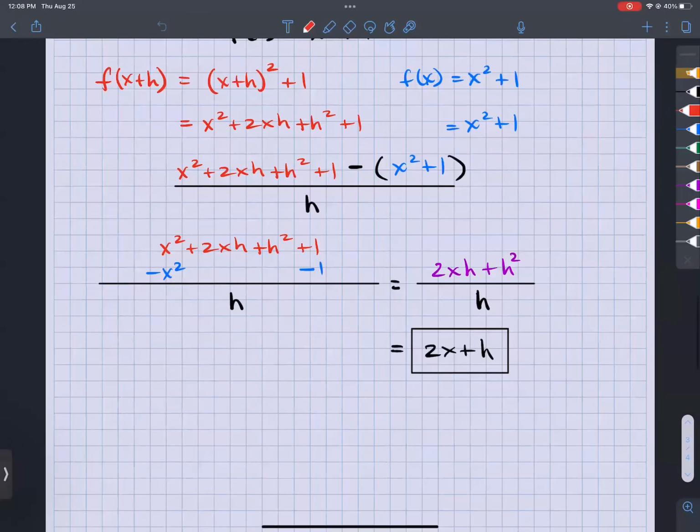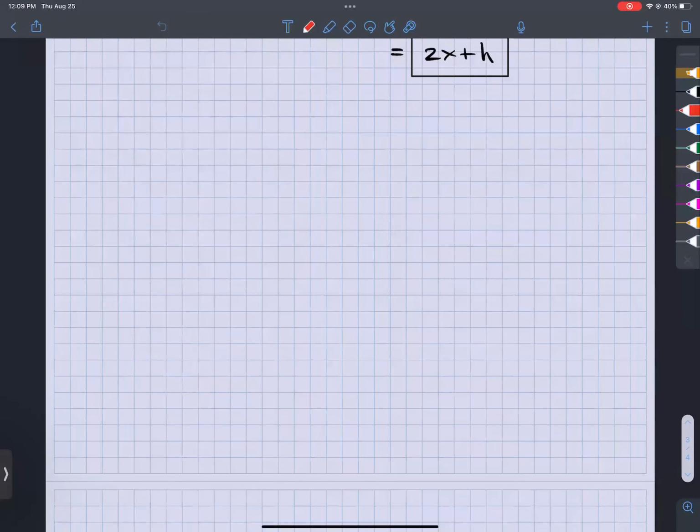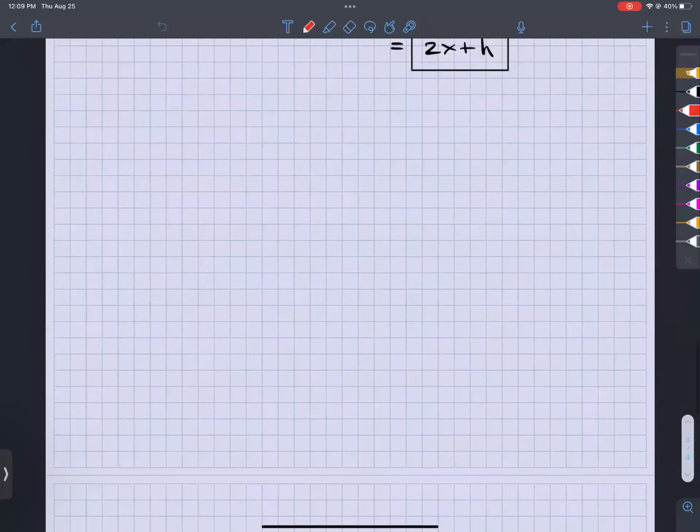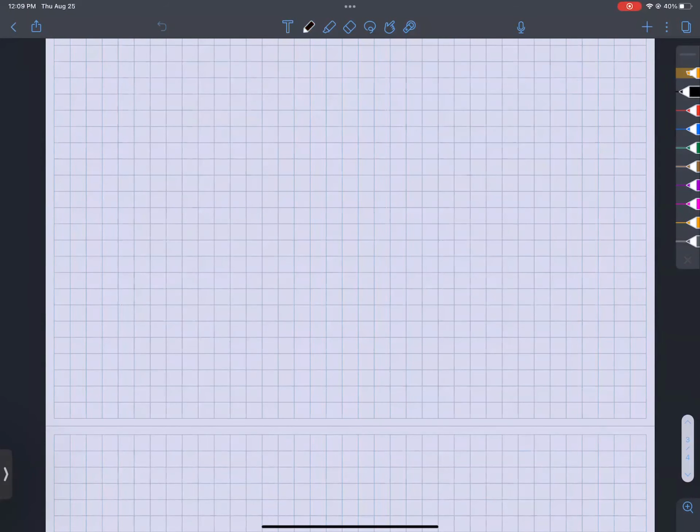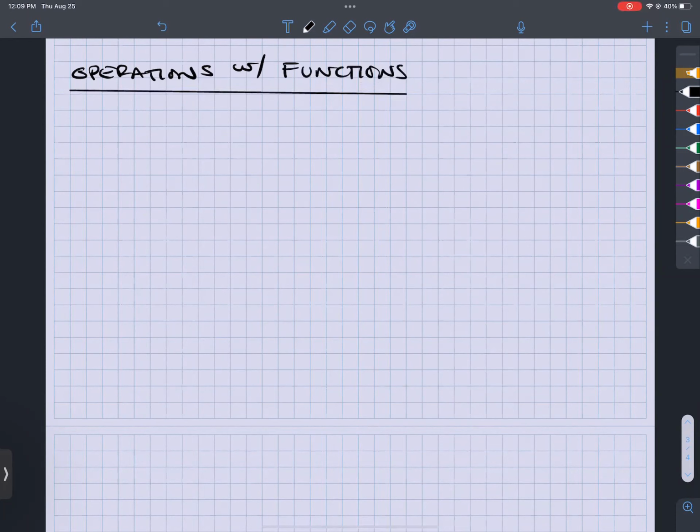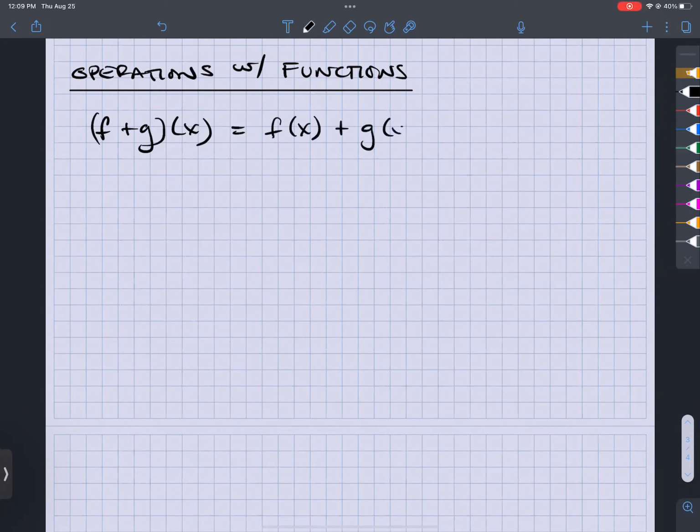All right. So let me go ahead and still cover operations with functions. Whenever you see f plus g of x, this just means f of x plus g of x.